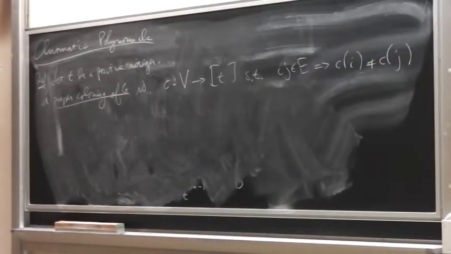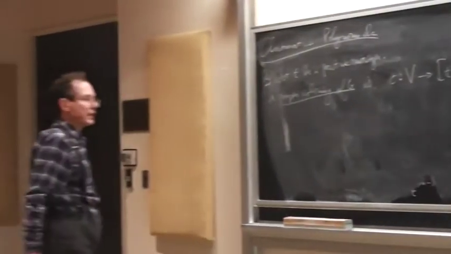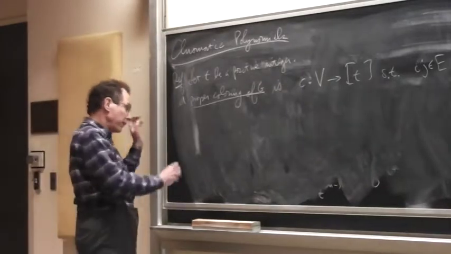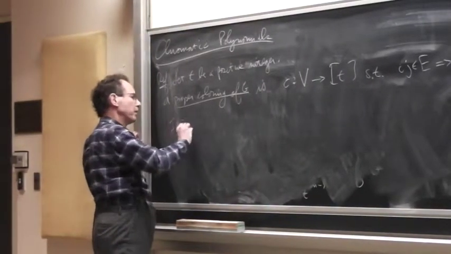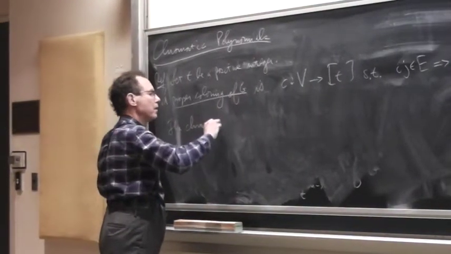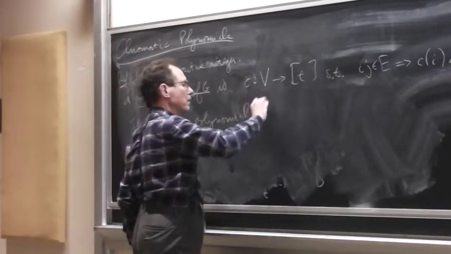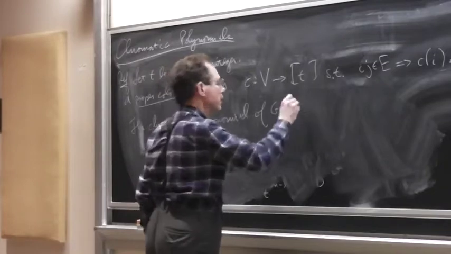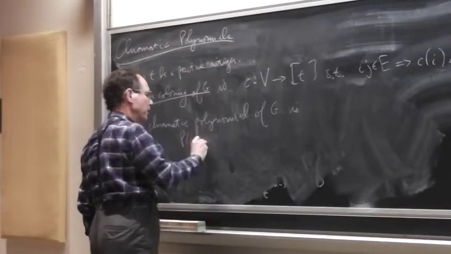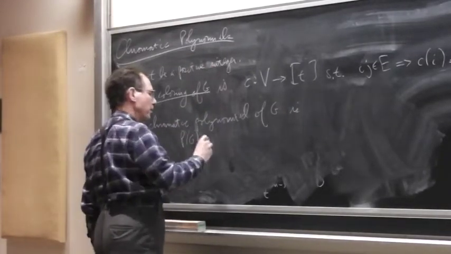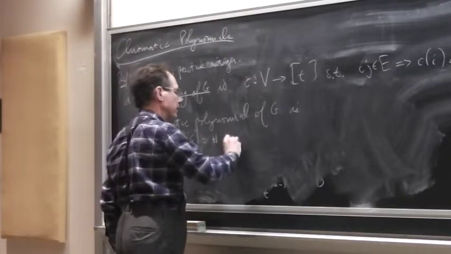This is the usual map coloring, right? Two adjacent countries should not be the same color. And then we define the chromatic polynomial of G, P of G, is just the number of such proper colorings.